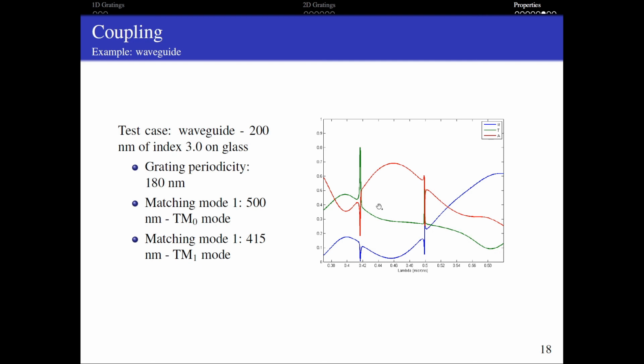And actually, those peaks come from the evanescent diffraction orders in this case. We can match them to their values. So when you look at everything, you can find that this one can be exactly computed as the TM0 mode, and this one can be computed as the TM1 mode, and you're going to see their signature inside your spectra.